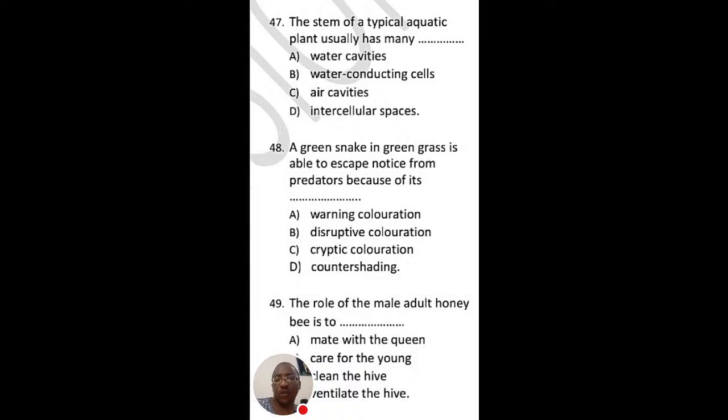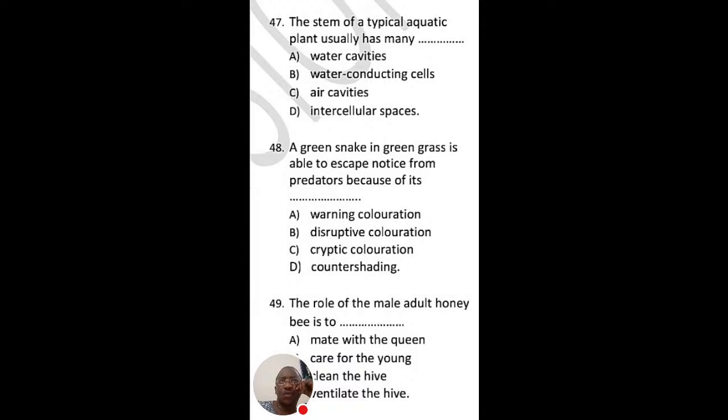Then disruptive coloration is when animals have colors that are totally different from the background. You find that common in animals like the zebras. The stripes on their body are totally different from the background in a savanna landscape. So if a carnivore like a lion wants to attack them, they are very careful. That is disruptive coloration.